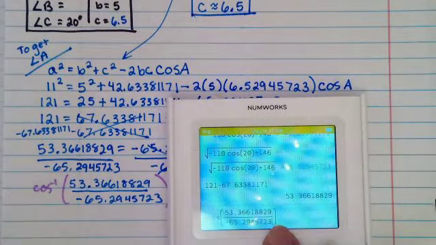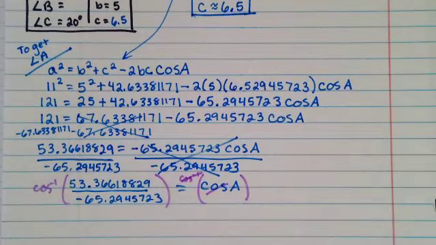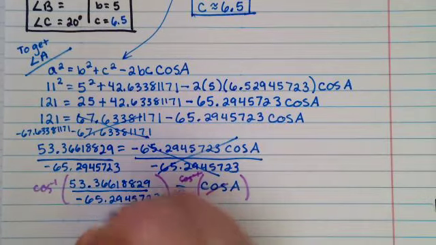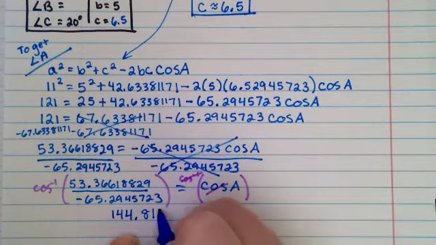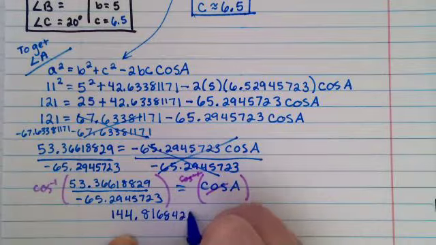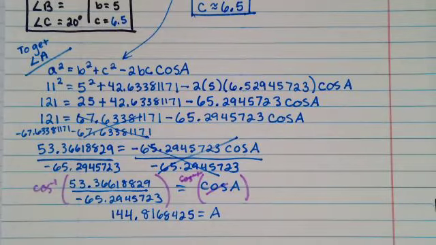Okay, so I type that all in, and I got 144.8168425. That is what angle A is equal to. Okay, so I have angle A now.